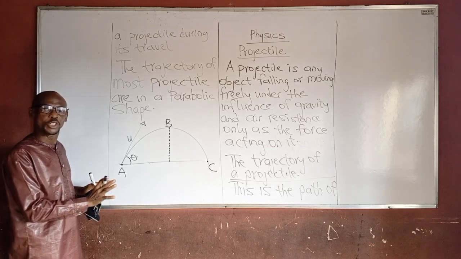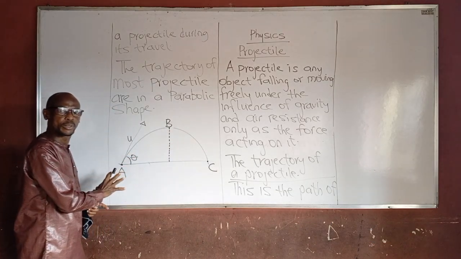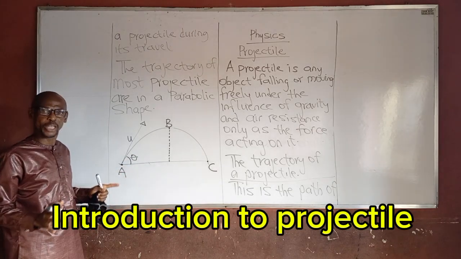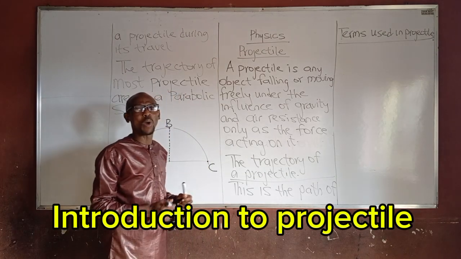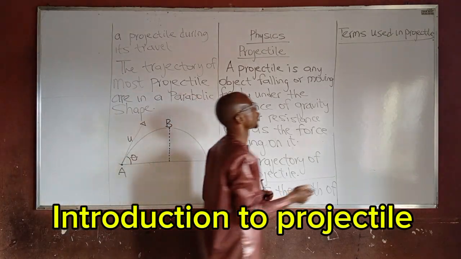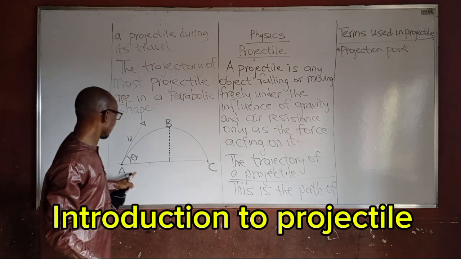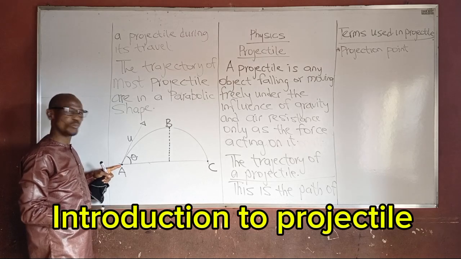I'm going to use this parabolic projectile in defining most of the terms used in projectile. Terms used in projectile. One, I'll talk about the projection point. My projection point, I'll take it as point A here.